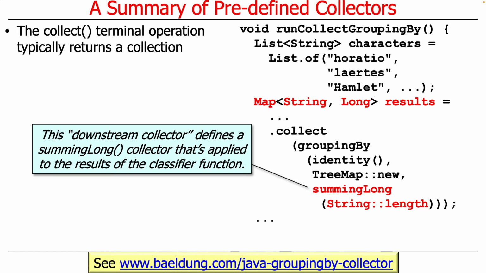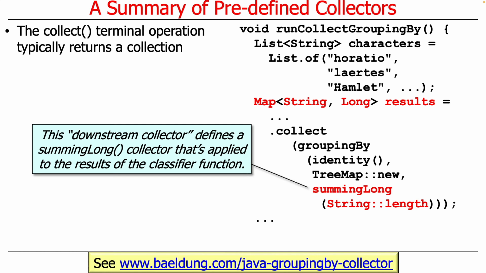And then the third parameter here is something very interesting called the downstream collector. And we'll talk about these in more detail later in the course. But a downstream collector is what's going to be applied in order to figure out what the value should be. And in this particular case, we're using the summingLong downstream collector, which will have the same effect that the second parameter did in the toMap method.